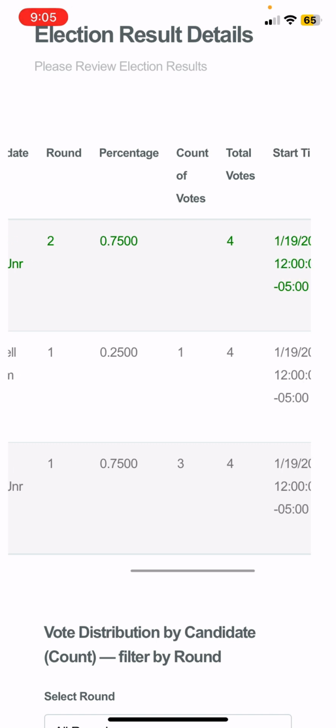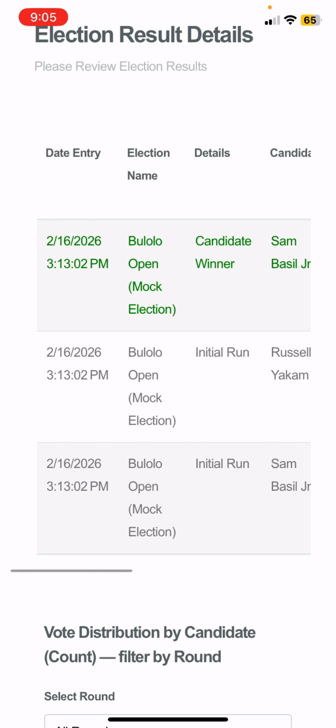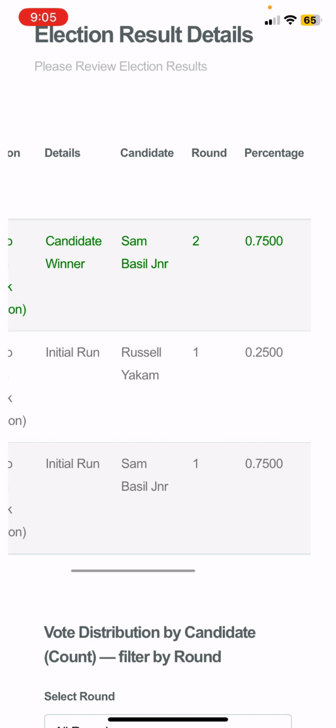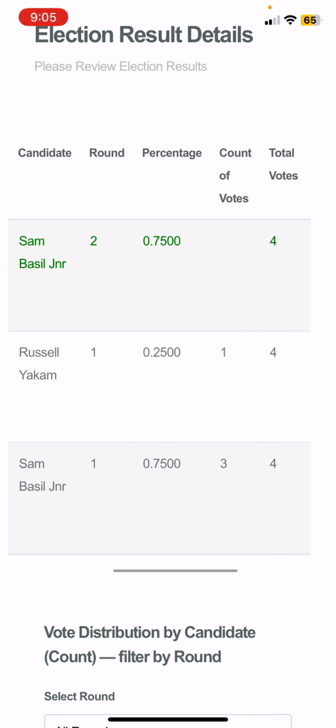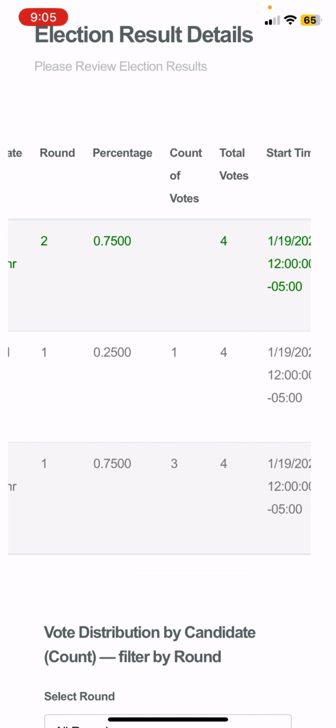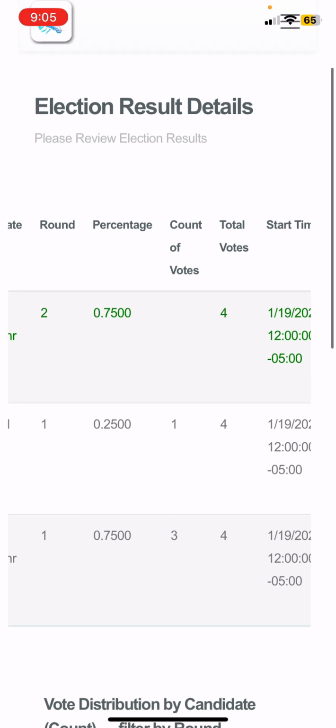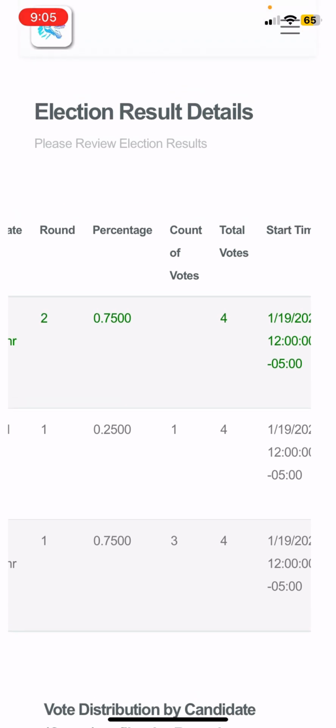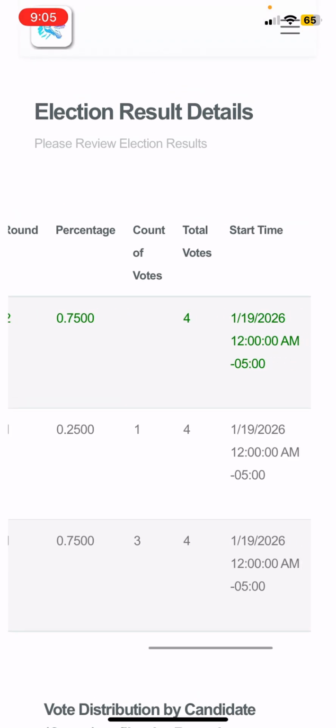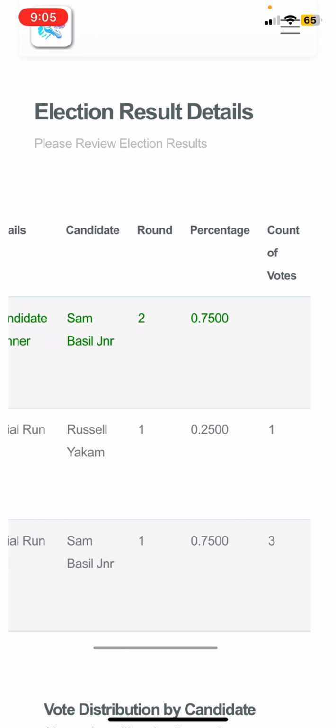In round 2, it eliminated the lowest count candidate, which in this case was Russell, because he only had one first preference vote. Sam Basel Jr. had 3 votes, so the total count is obviously over 75%. So he wins. But this still uses LPV because it has to do each round selection separately.